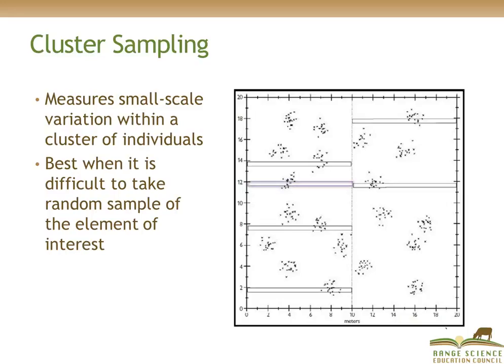In this situation, we randomly locate a transect, and then we measure the attribute of interest on each one of the individuals that falls within that belt transect. Here again, we see another randomly located belt transect, and then every individual that occurs within that belt transect is measured for the value of that attribute.